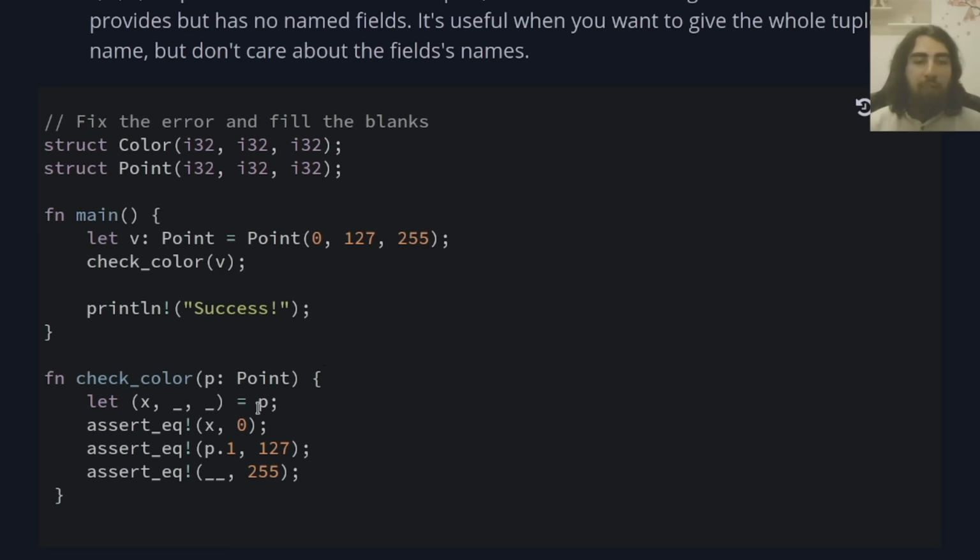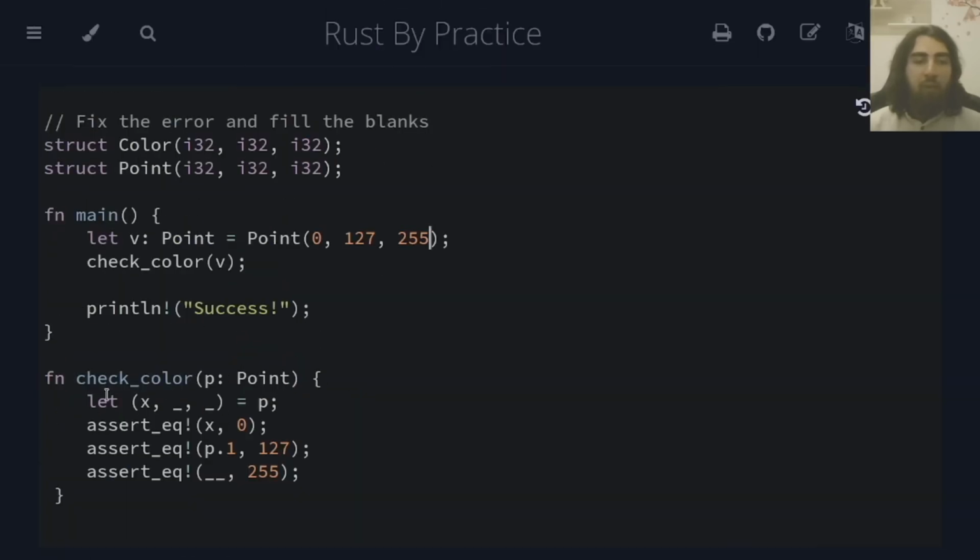And as you can see over here, we are destructuring. So the first element over here gets destructured into a variable x. Now the second one over here, we don't need to destructure, right? Because we are accessing it directly using the p instance. And the last one, let's call this z, okay?